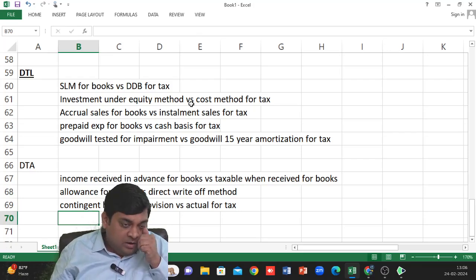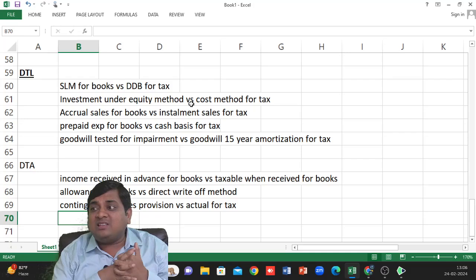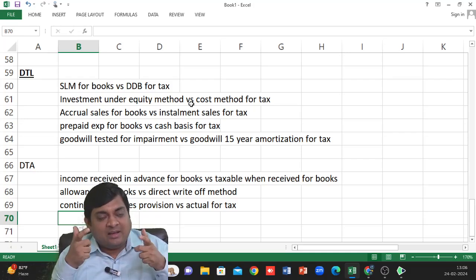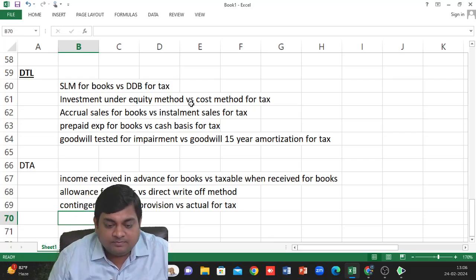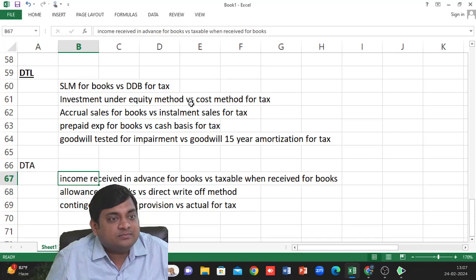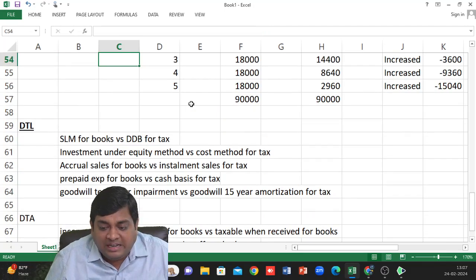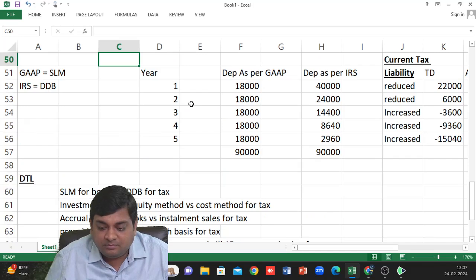Right? Now I told you we are balance sheet focused. Why? Because once we do it in that way, changes in tax rate is also considered. Right? Like I just showed you here. We know the timing difference.